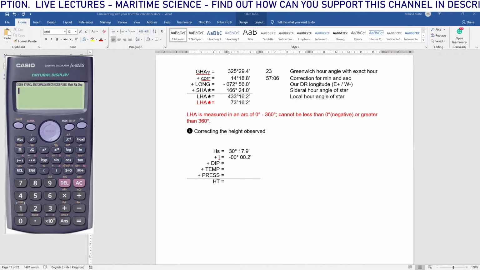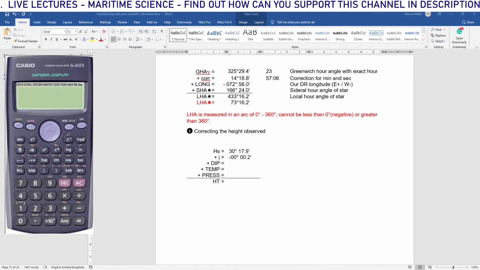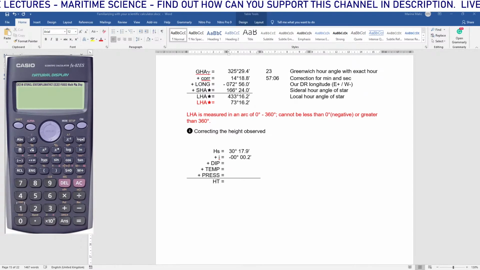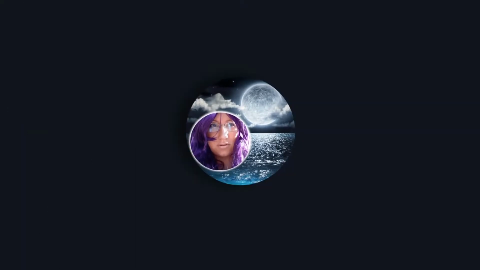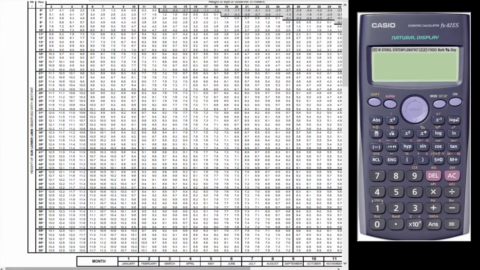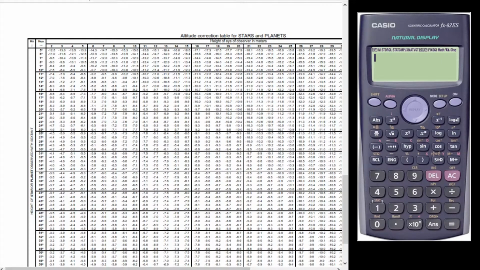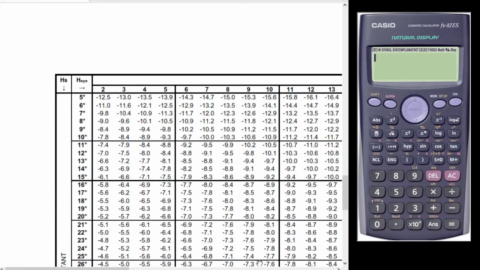So that means we need to take the table of corrections. Let's go back to the table. Let's see, do I have my PDF on? Yes. Okay. So we have the page for sun. That's not what we need. We didn't observe sun. And the last page is for stars and planets.